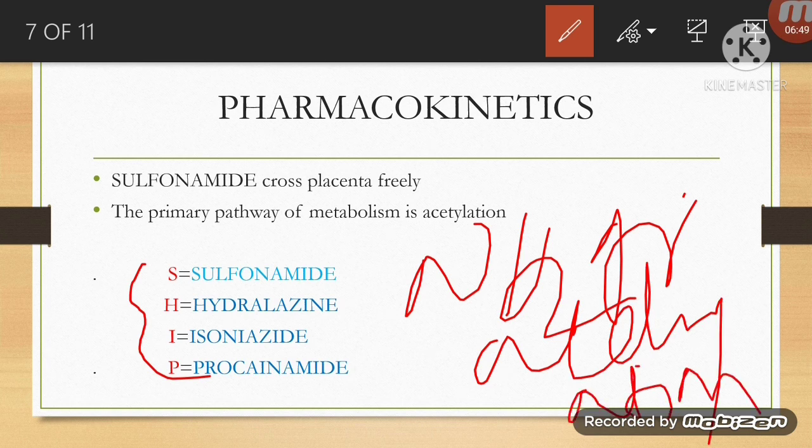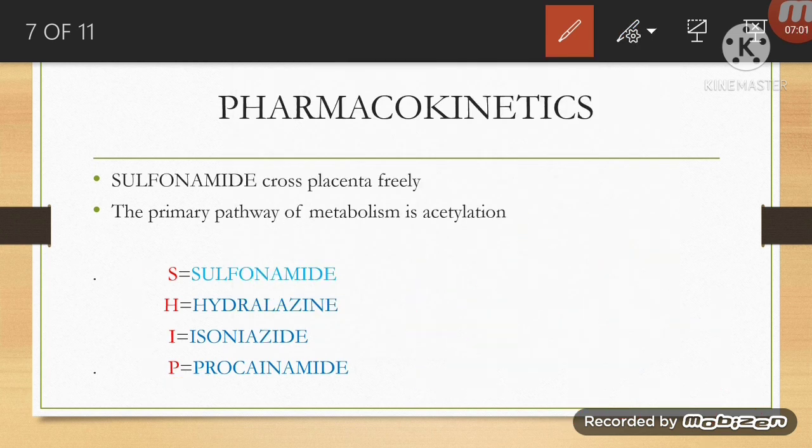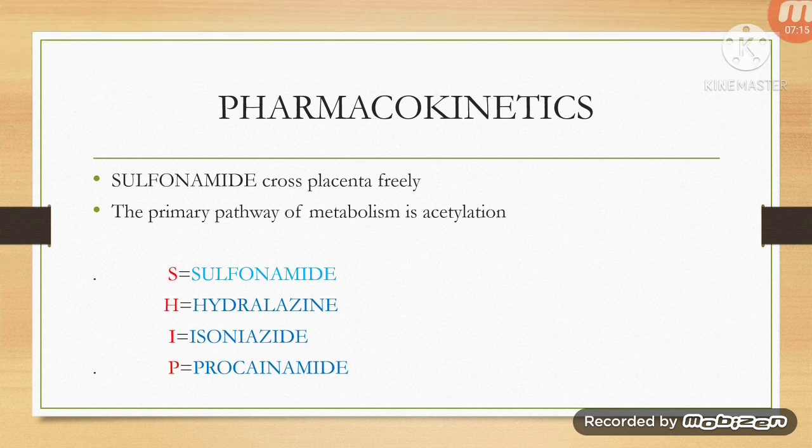Sulfonamide structures have the NH2 group, hydralazine has the NH2 group, isoniazid has the NH2 group, procainamide has the NH2 group. So the primary pathway of metabolism is acetylation, because they have the NH2 group.